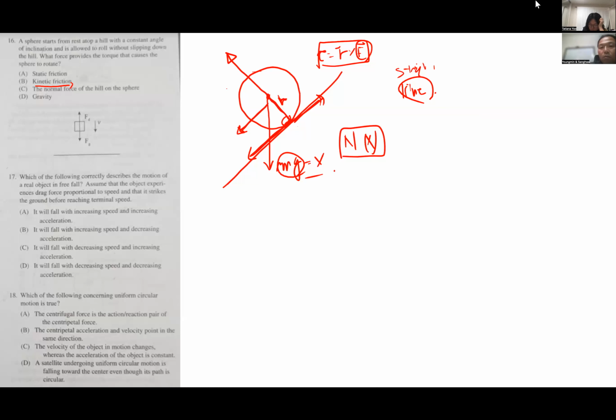So in order to have rolling motion, the surface of the inclination must hold this point of the sphere, which creates the force perpendicular to this R vector. So only static friction is applicable to this circumstance, which creates the torque over the sphere. Okay, so that is A.